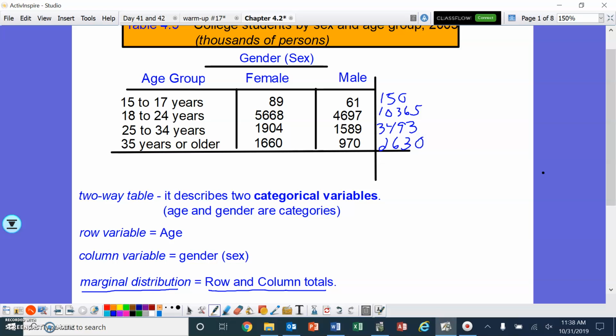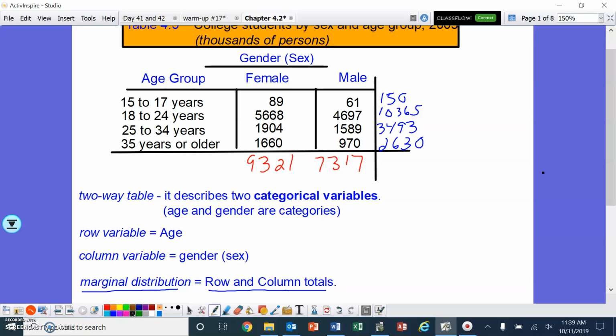All right, now I'm going to do the columns. So the female column adds up to 9,321. Again, that would be 9,321,000. The males add up to 7,317. Okay, now the table total.